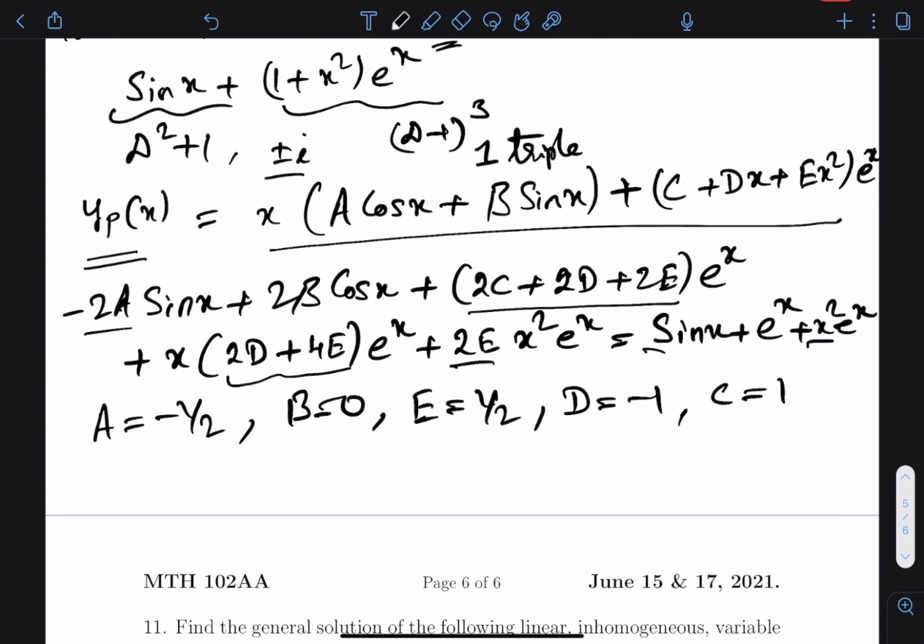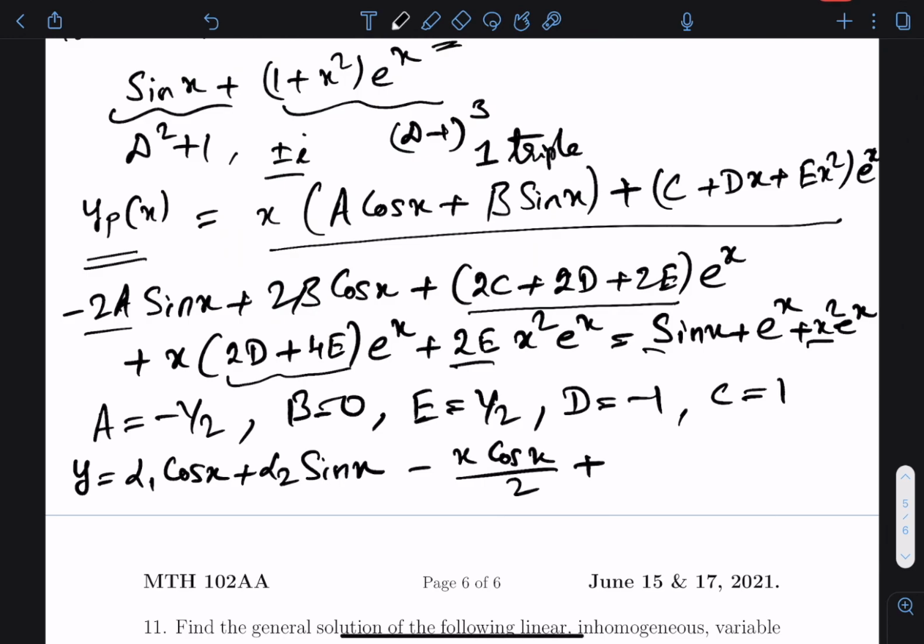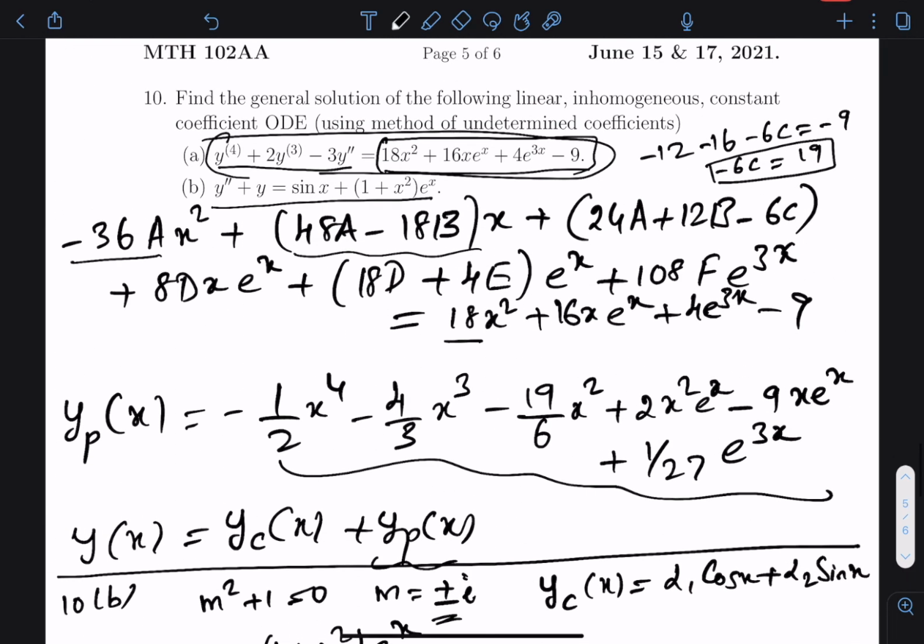So your general solution will be, as we said, alpha 1 cos x plus alpha 2 sin x plus yp, which, if you use the values of a, b, c, d, e above, is minus x cos x over 2 plus (1 minus x plus x squared by 2) e power x. So that's your general solution. Okay, we have solved that problem.